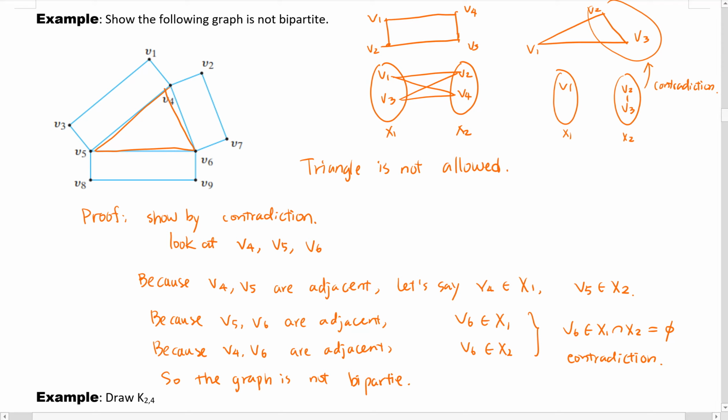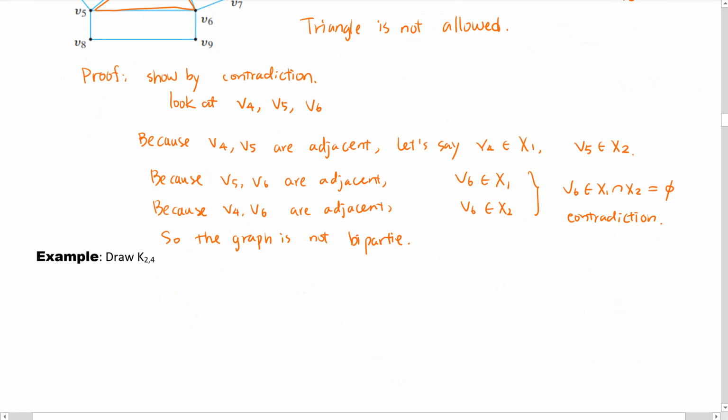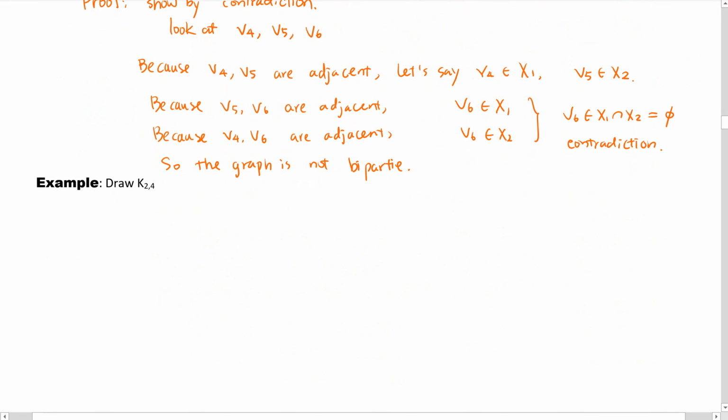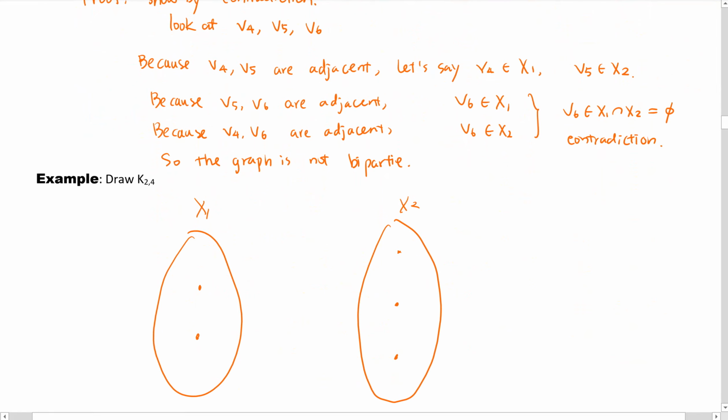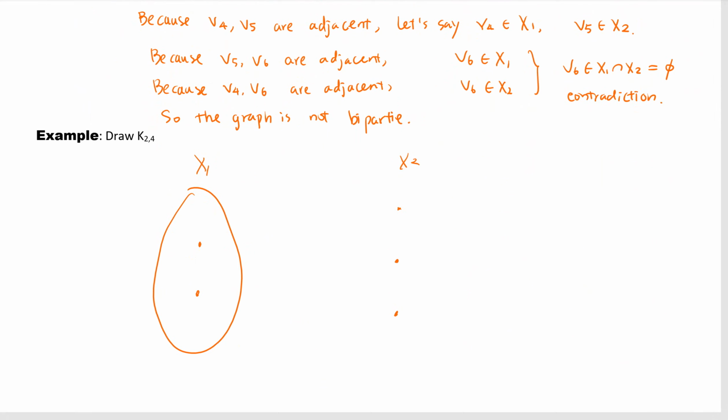So far, so good, everybody. Okay, and then next, draw the complete biparty graph K2,4. What is K2,4? It means in x1 we have two vertices, and in x2 we have four vertices. Let me draw a bigger one.